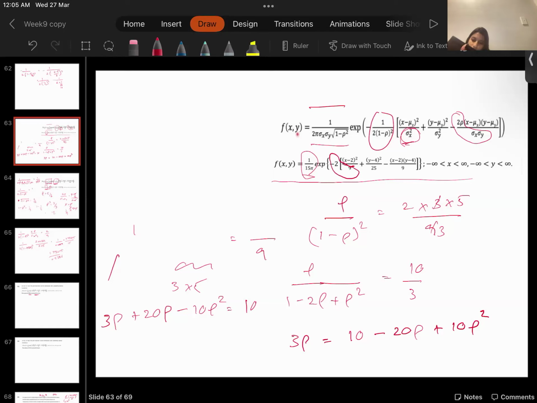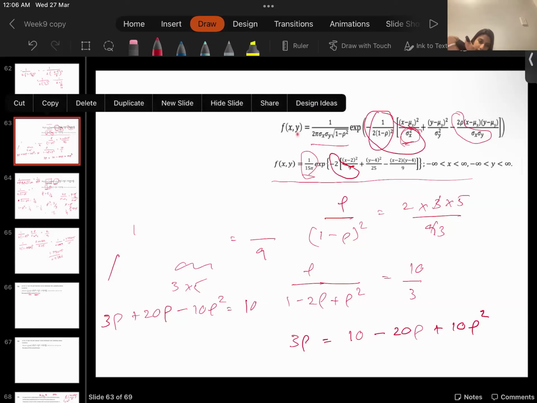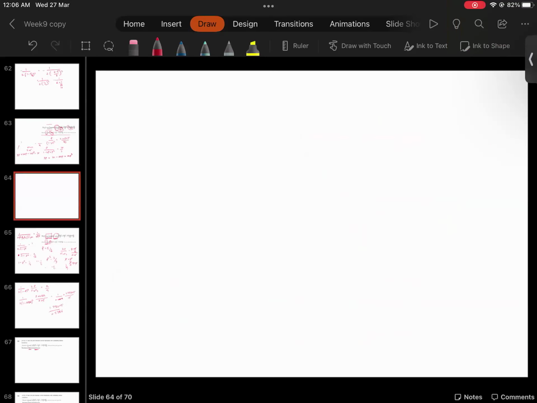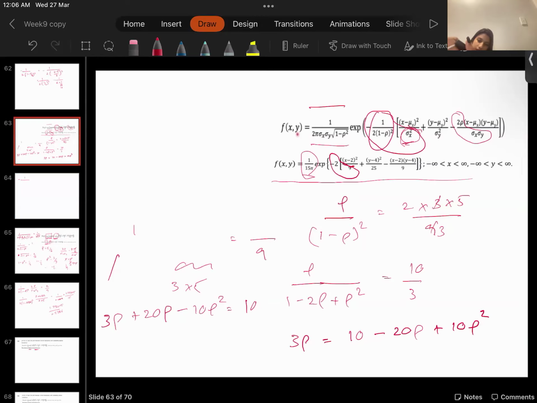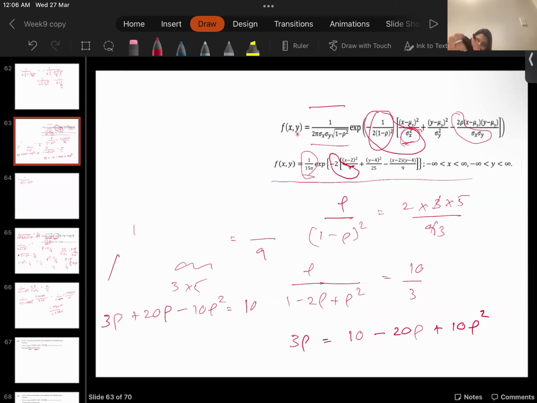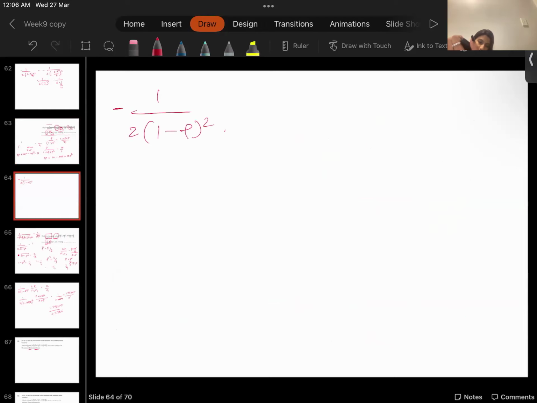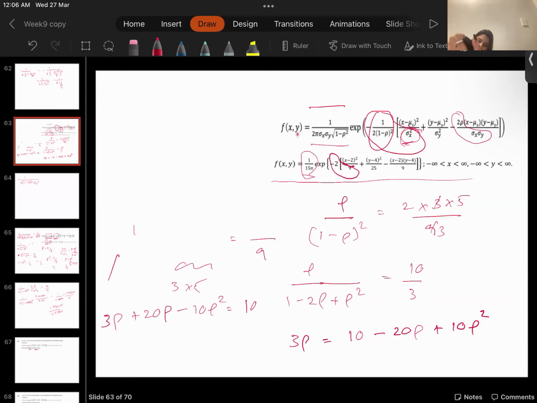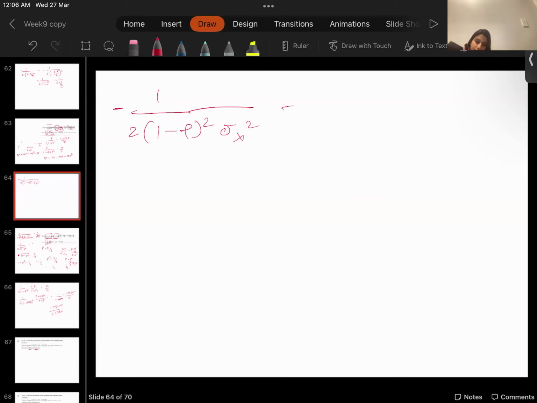Similarly, in the next term also, 2 by 25. This should give us minus 2 by 9. Minus minus get cancelled either way, and this 2 also will get cancelled.